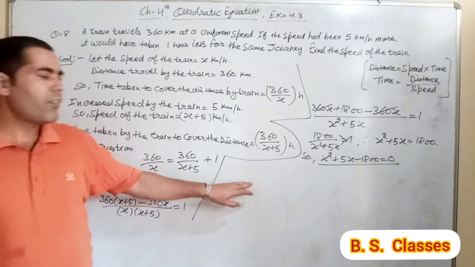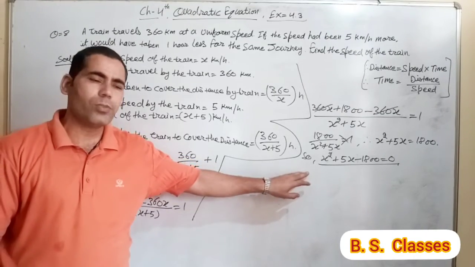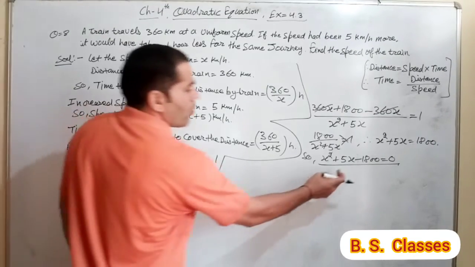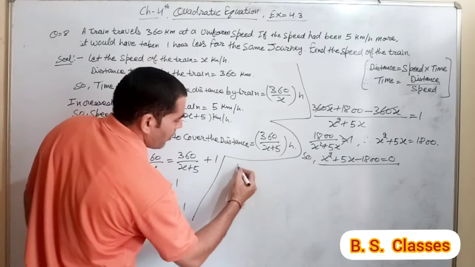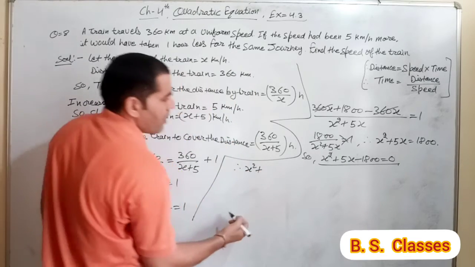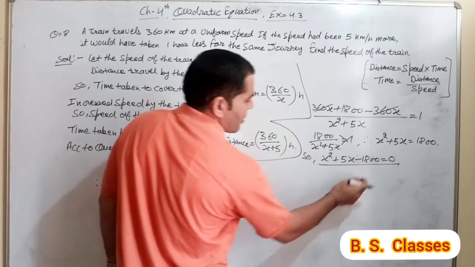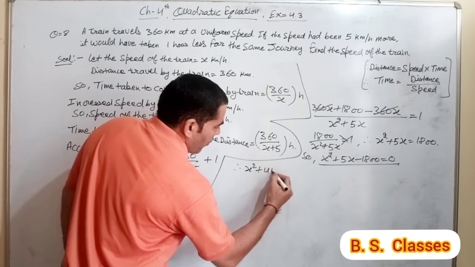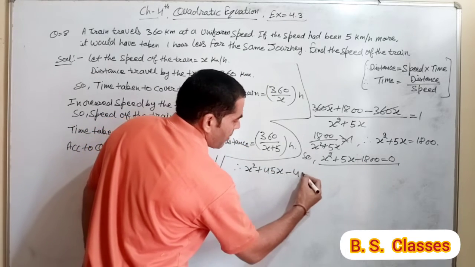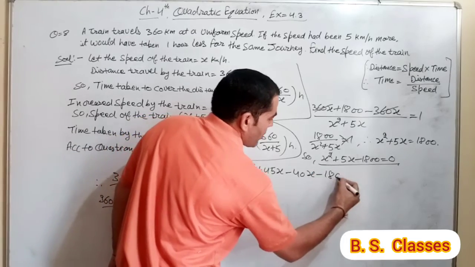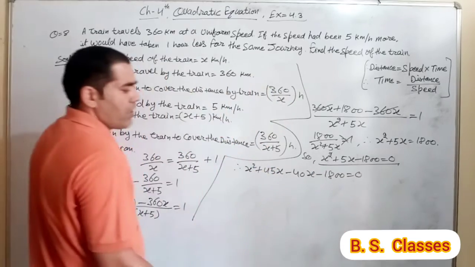By using factorization, splitting the middle term, we factorize x square plus 5x minus 1800 as x square plus 45x minus 40x minus 1800 is equal to 0.